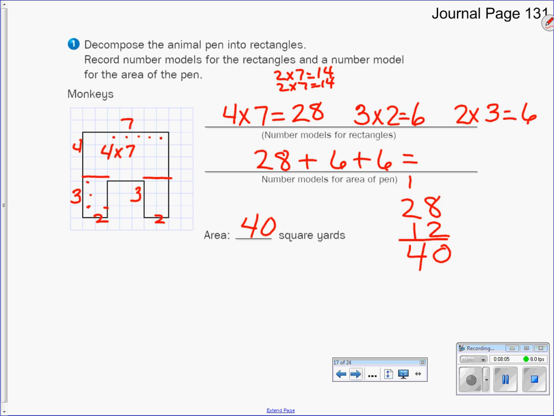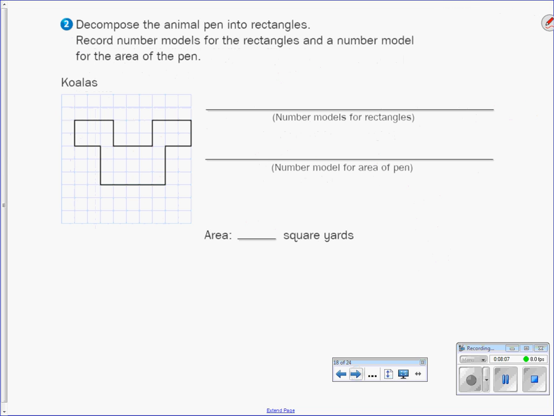All right, let's look at the next one. All right, they want you to decompose this animal pen. And once again, I would take it and I would go across here, and I have a 2 and a 3. Here's a 2 and a 3, and I'm getting that by 1, 2, and then 1, 2, 3. Now the bottom one is 1, 2, 3, and then going across 1, 2, 3, 4, 5.